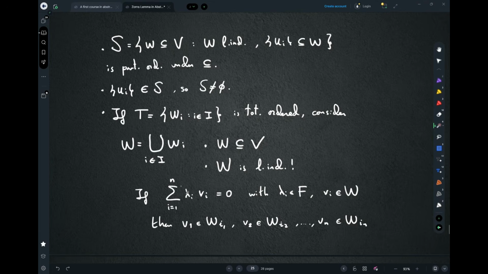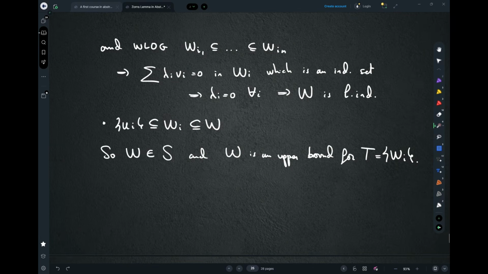Suppose there are n vectors in W that are actually dependent, and there is a linear dependence like this. Then these VIs are in W, but W is the union of these WIs. So each one of those VIs is in one of the W's, but the W's are totally ordered. So there is one of these W sets that contains all of the other ones, and therefore all of the VIs are contained in one of them.